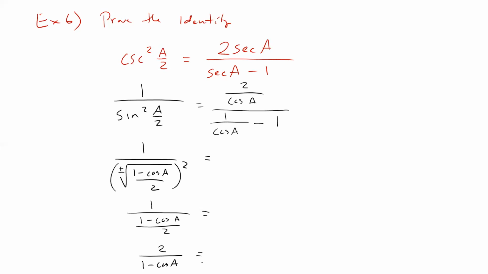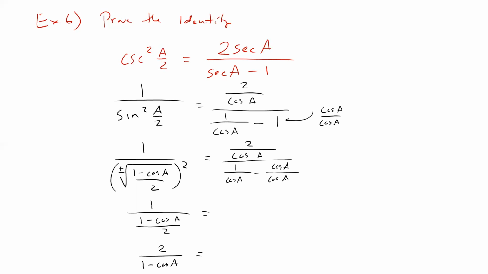On the right side, let's see, I guess I need a common denominator right there. This I'm going to choose to be cosine a over cosine a. Is that okay there? And I think what's going to happen is 1 over cosine a minus cosine a over cosine a.